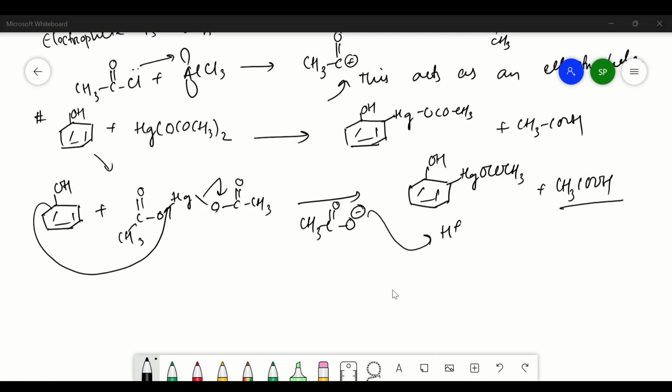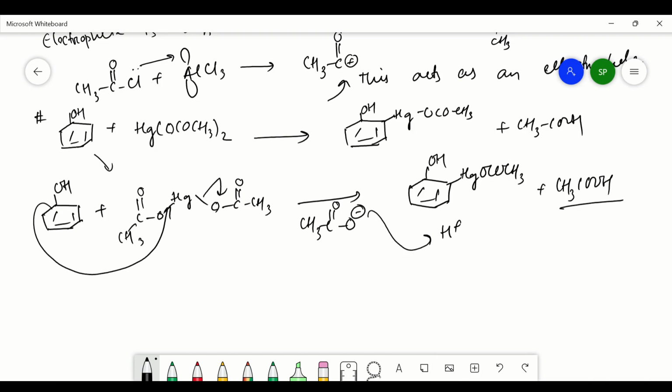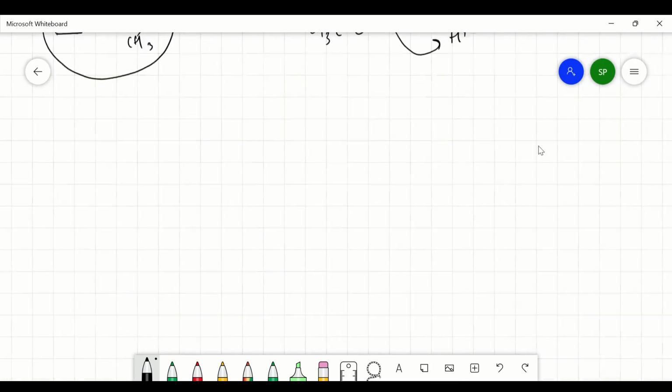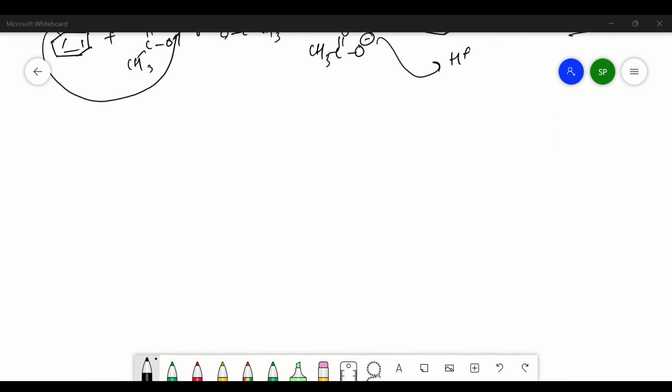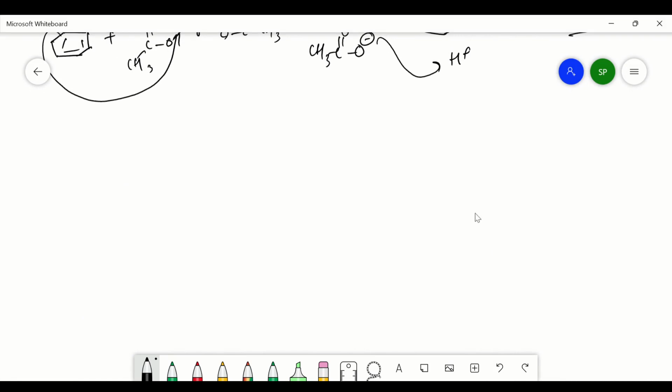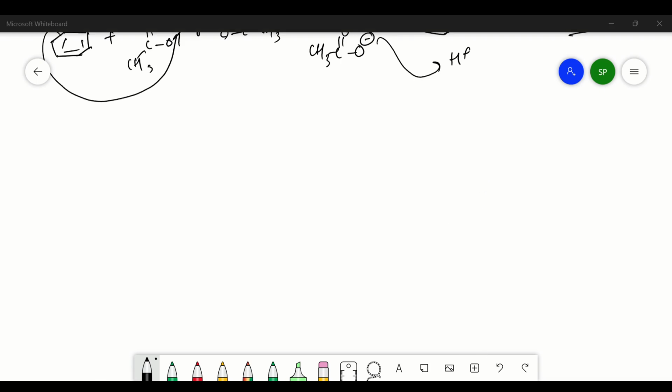Next, there is one special name reaction known as Kolbe's reaction. In Kolbe's reaction, sodium phenoxide reacts with carbon dioxide, followed by reaction with mild acid to produce salicylic acid.